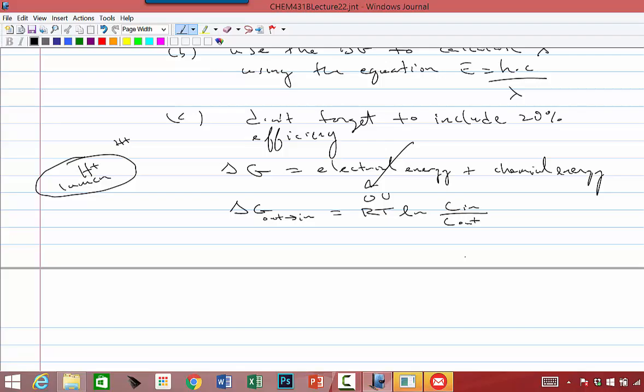Now, before we even start putting in numbers in here, let's think logically what's going to happen. We're going from out to in, right? So do you expect delta G to be positive, negative, or 0? Beautiful, positive, exactly right. It's going to take energy to move that proton against that gradient, okay? So it's going to be positive. So you've already logically figured out that's got to be positive. What do you think this value has to be?